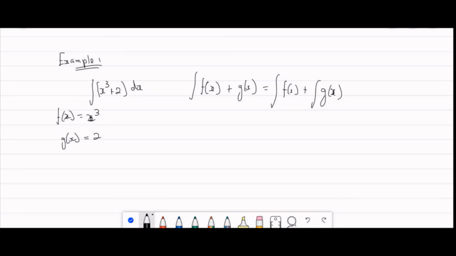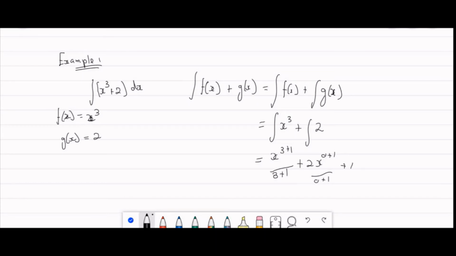Therefore we can apply our rule: the integral of f(x) will be x cubed, plus the integral of g(x), which is 2. We use the first rule, where we say x to the power 3 plus 1, divided by 3 plus 1, plus 2x to the power 0 plus 1 over 0 plus 1, plus c.